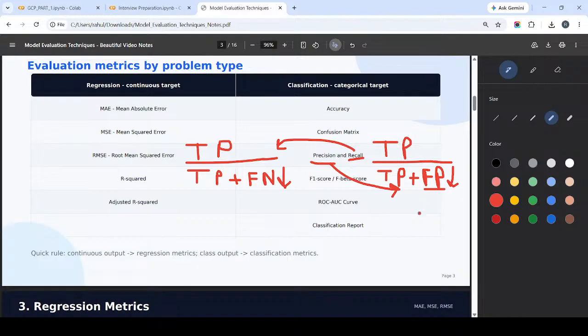If we consider a rich child as poor, that will cost us a lot. So in that case we may need to reduce false positives.